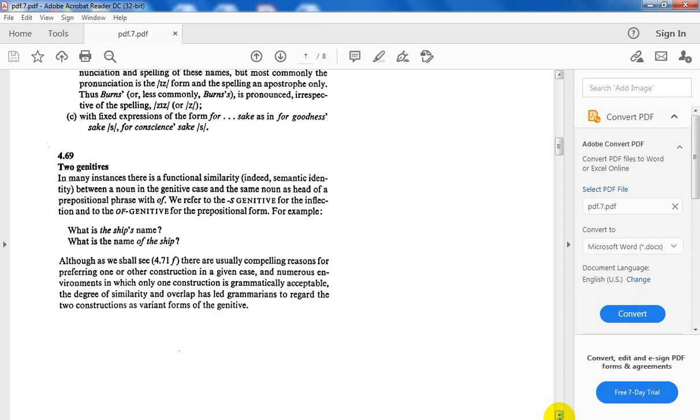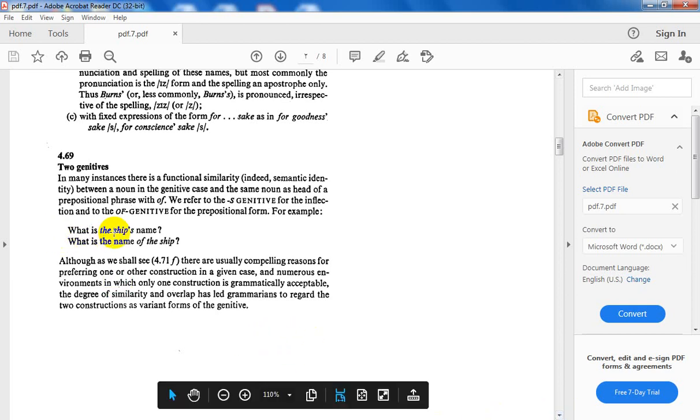يعني هسه if I want to ask what are the two forms of the genitive, you should say they are the S genitive and the of genitive. وأقدر أسمي S genitive inflectional، والof genitive is called prepositional. Okay. What is the ship's name? What is the name of the ship?